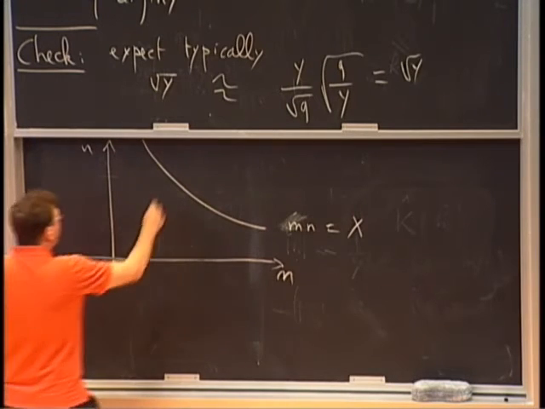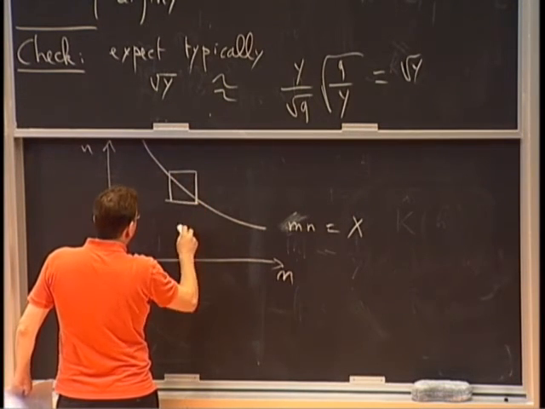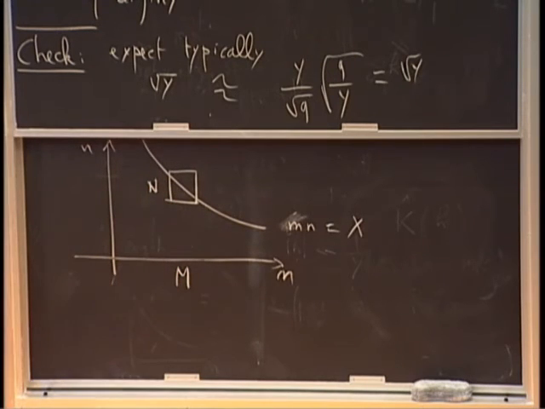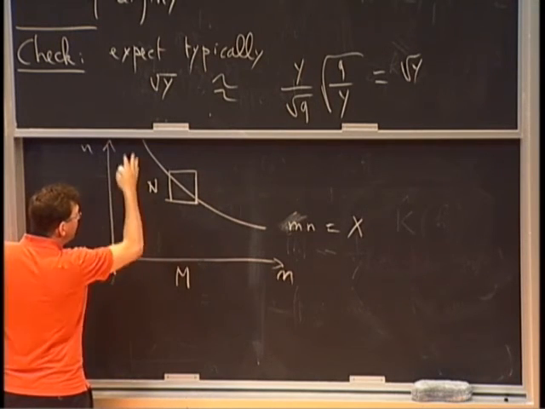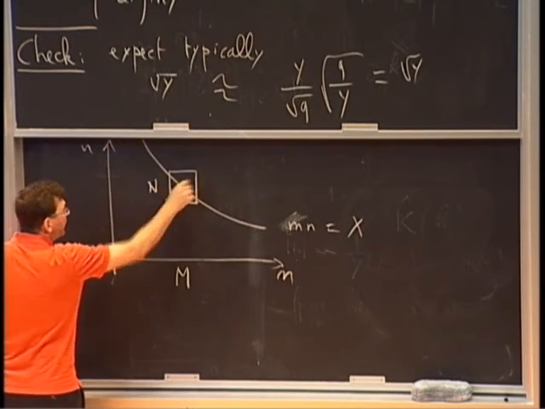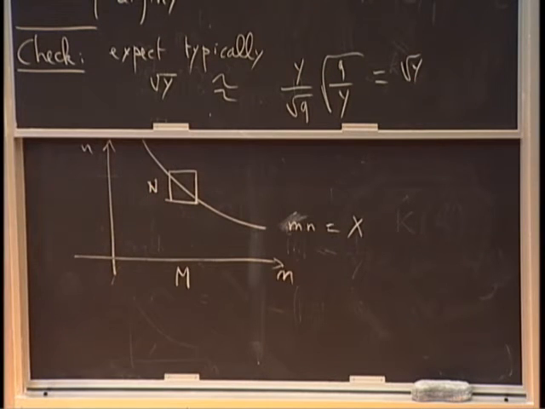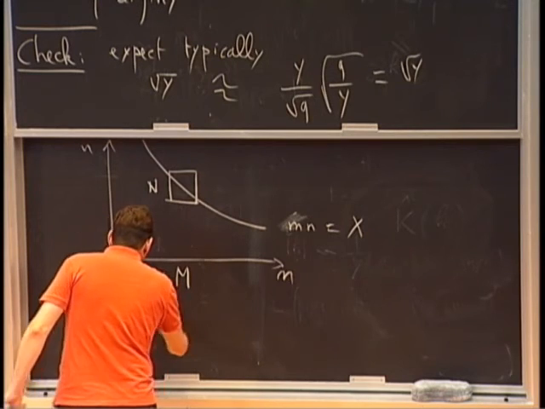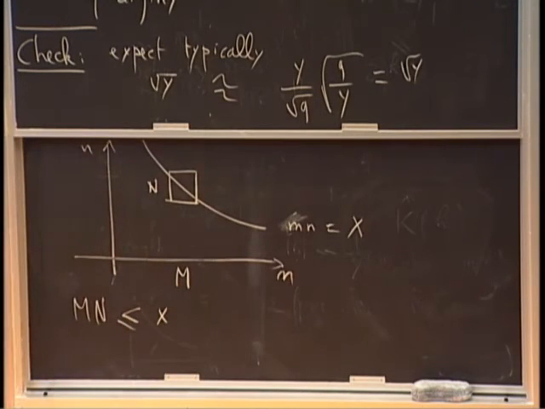So you have to think that we are now summing over such intervals. So we're covering the points of interest, the points in the upper quadrant below this hyperbola by squares or rectangles like that. So it's quite clear that mn must be basically less than or equal to x.